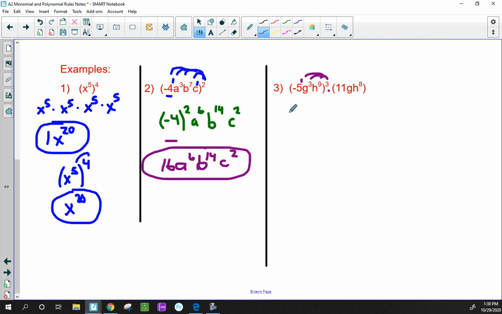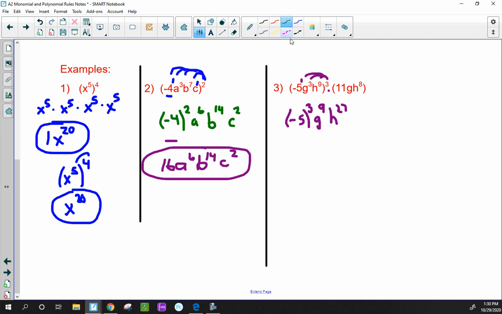because numbers have powers as well. Okay, I'm going to drop my parentheses down in my -5. I'm going to enclose that with a 1 times 3. So I'm going to write it like this. Then I'm going to drop my G down. Then I'm going to multiply 3 times 3 and get a 9. Then I'm going to bring my H down, and that's going to be 9 times 3, which is 27.